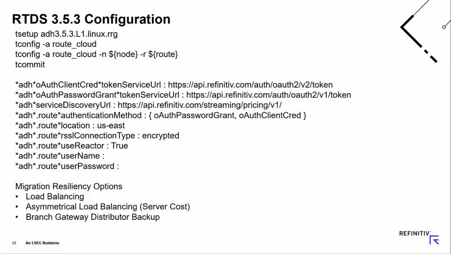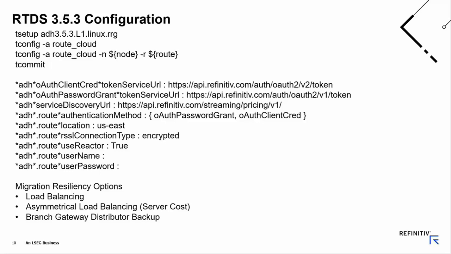We kept backward support for token management, so you can still drop in 3.5.3 if you're already connected to RTO today, and you'll be fine. For 3.5.3, we added a new authentication method, so you can do the OAuthPasswordGrant, which is what's in production today. And then the version 2, as Luke discussed, is the new option, and that's what I'll show. Everything else is the same as before.